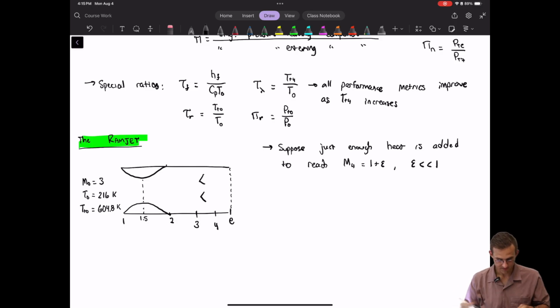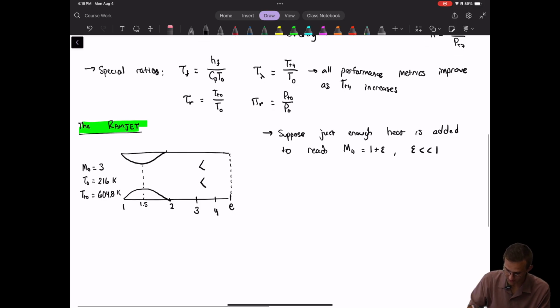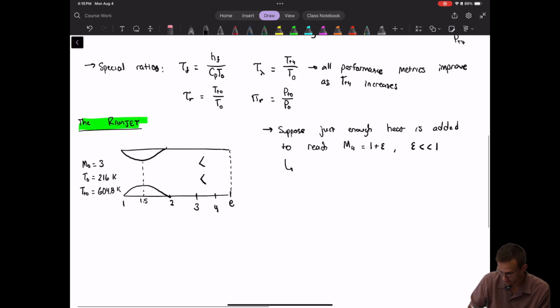Okay, so think about this as Rayleigh flow, right? For Rayleigh flow, if you're starting supersonic and you add heat, you actually slow the flow down. And we actually will use those Rayleigh flow equations. From those Rayleigh flow equations, we will find that PT4 over PT3 is equal to 0.292 in this case.